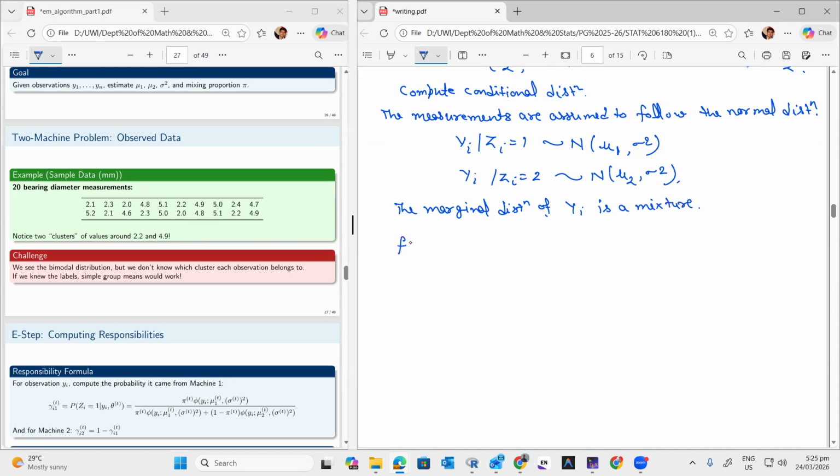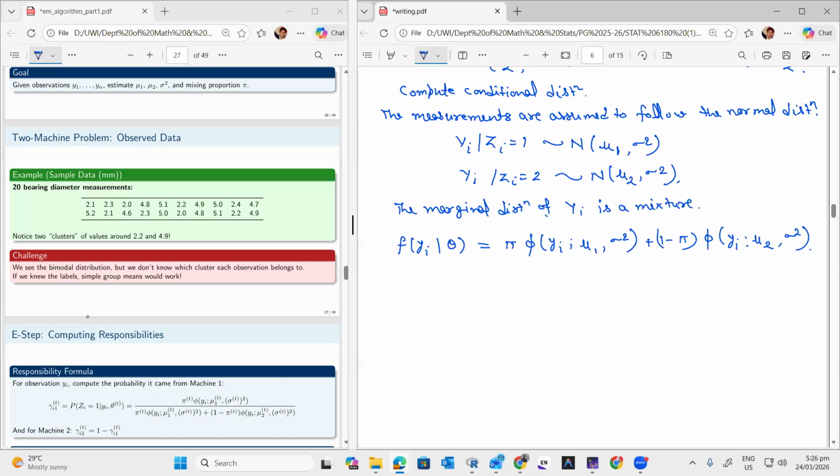So f of yi given theta, where theta has all the parameters pi, mu1, mu2 and sigma square, equals pi times phi of yi with mu1, sigma square, plus 1 minus pi times phi of yi with mu2, sigma square.